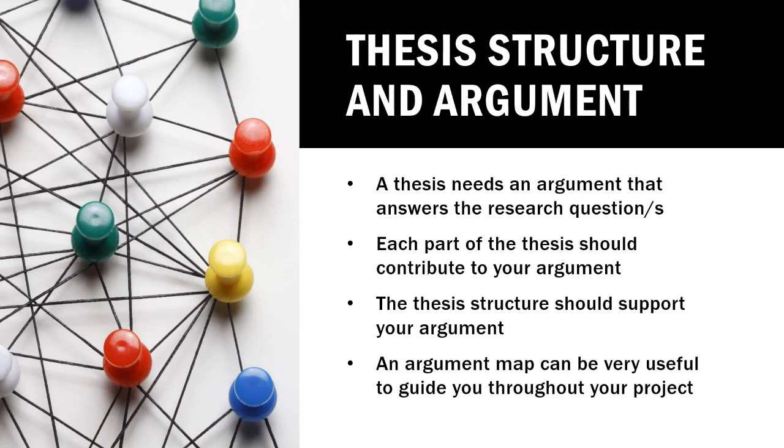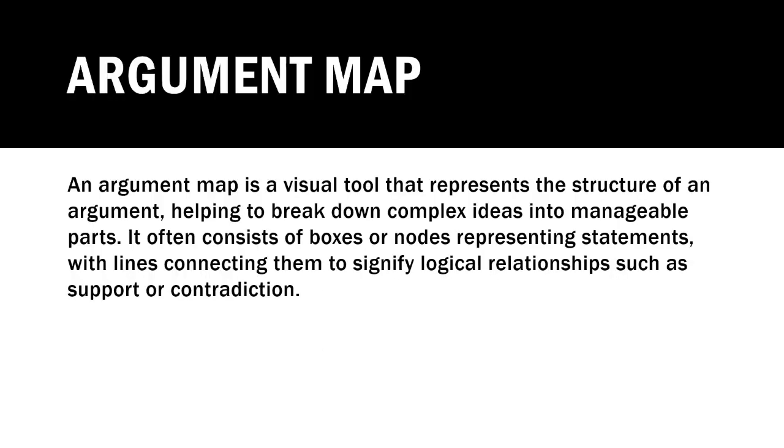Now, an argument map is simply a visual tool that represents the structure of your argument and helps you to break down complex ideas into manageable parts. So you can have an argument map within each chapter as well. So it often consists of boxes or nodes representing statements with lines connecting them to show logical relationships, such as support or contradictions.